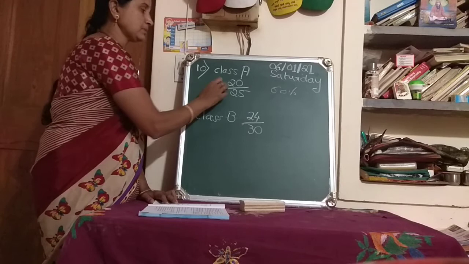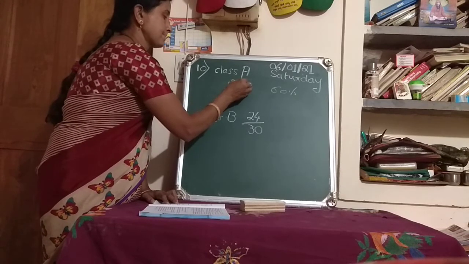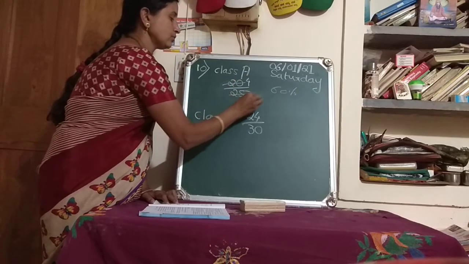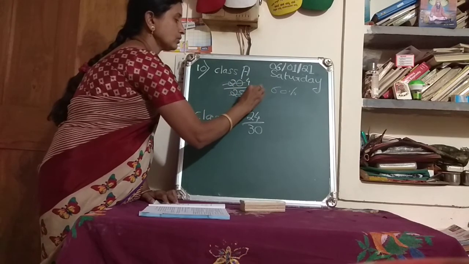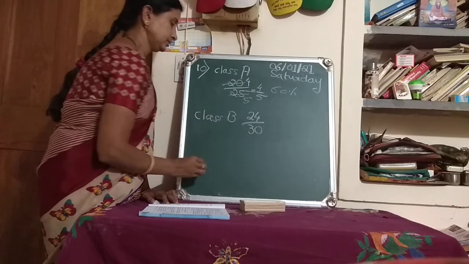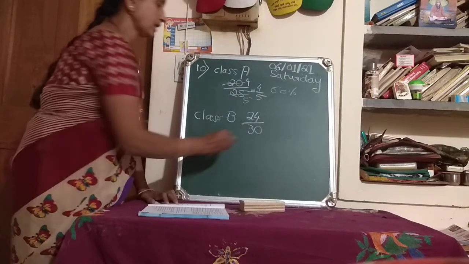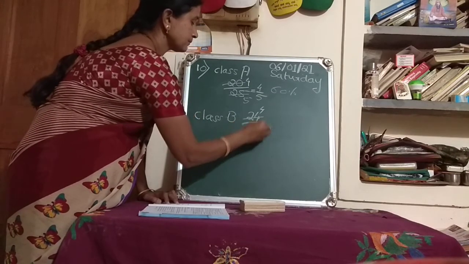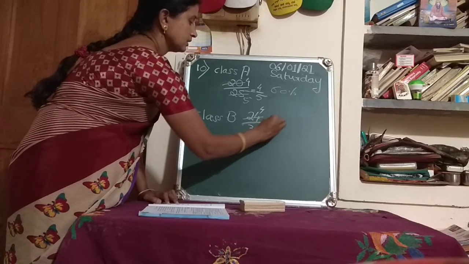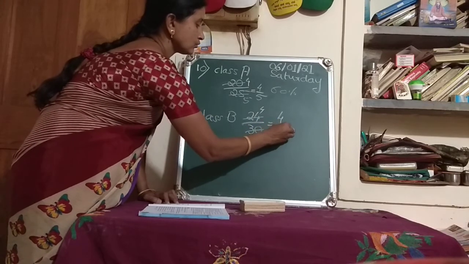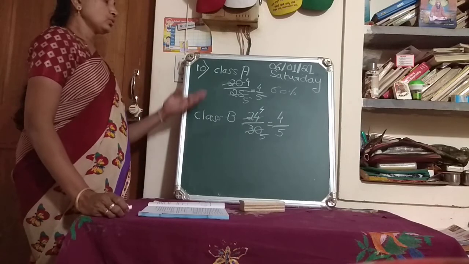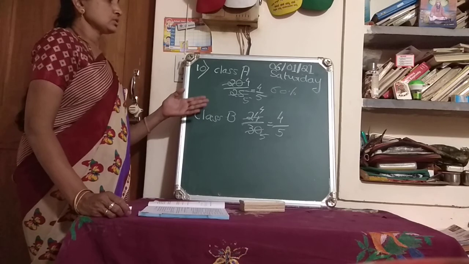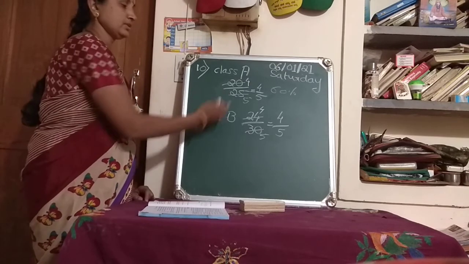So let me minimize the fractions. 5 fours and 5 fives give you 4 upon 5. Here also you have to minimize the fraction. 6 fours are 24, 6 fives are 30. Here also we got 4 upon 5 as the fraction. So from class A and class B, the students' scores of 60% are equal.